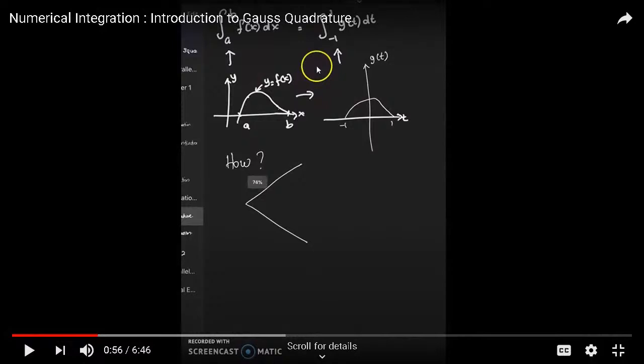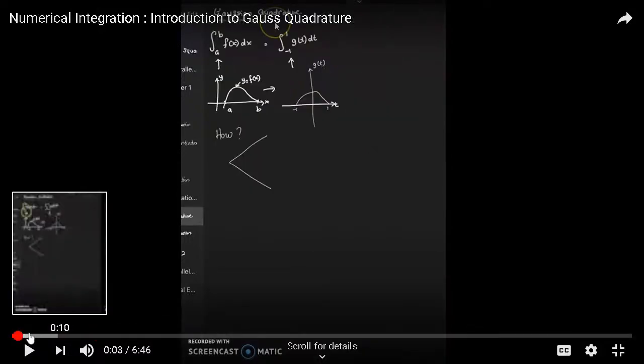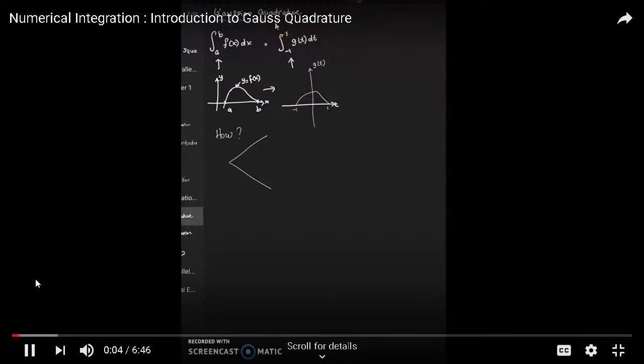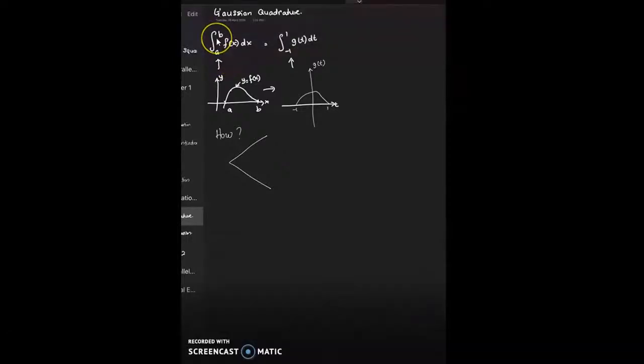So bring the graph to the center between -1 and 1, and then you need to transform the graph into a different domain between -1 and 1.